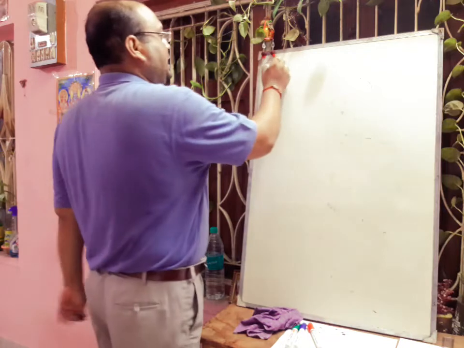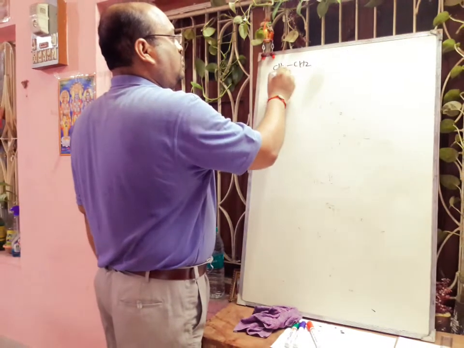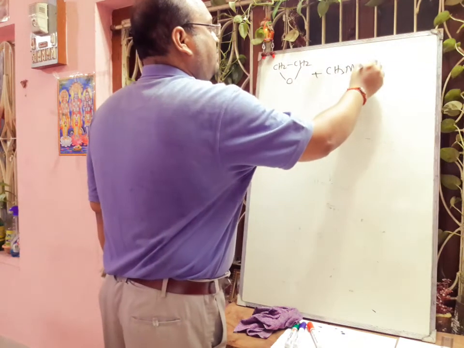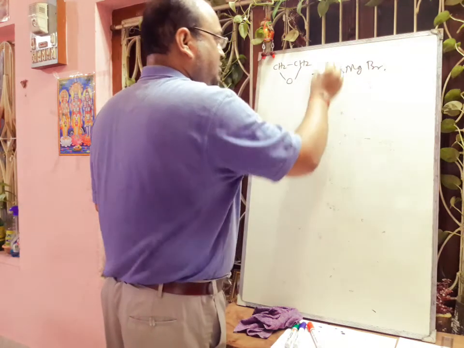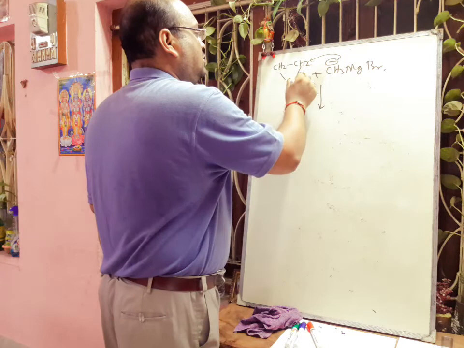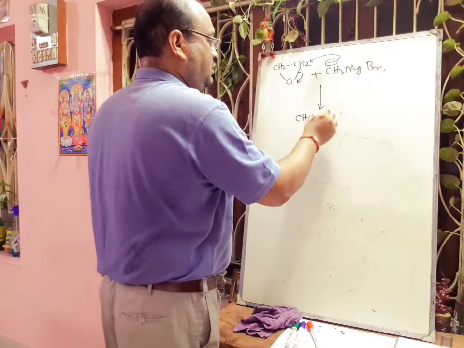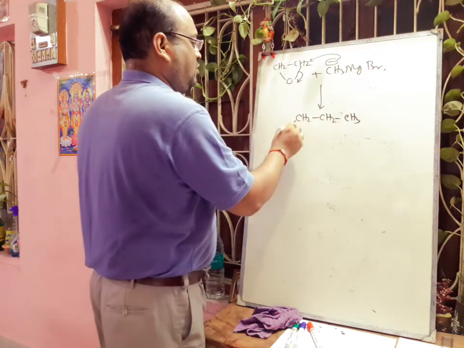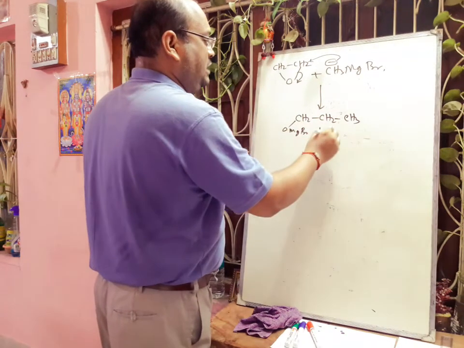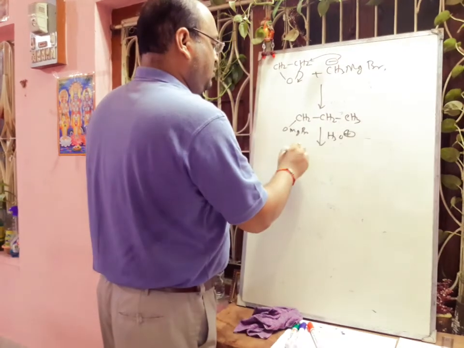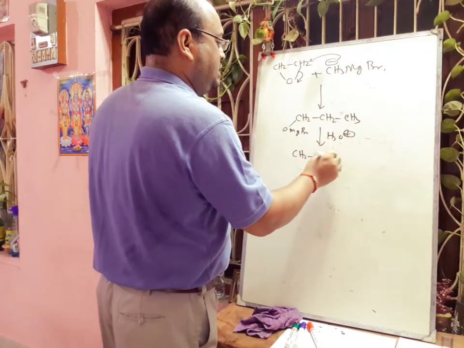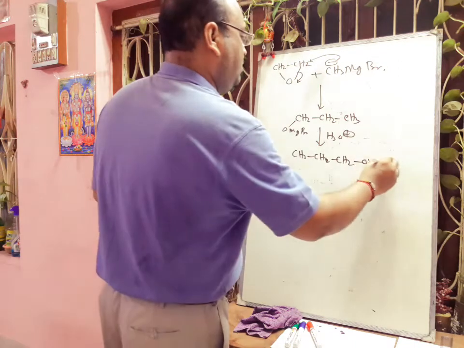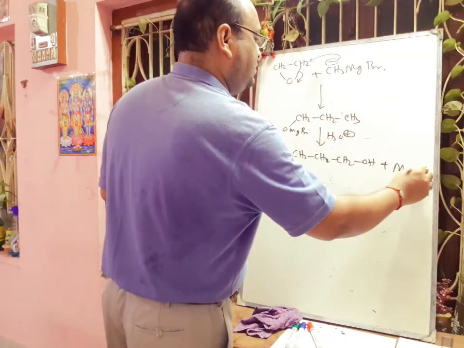So here we are taking CH2CH2O. Here we add methyl magnesium bromide, with diethyl ether as the solvent. So here we will get CH3CH2CH2OMgBr. Then if we add H3O plus, we will get CH3CH2CH2OH plus Mg(OH)Br.